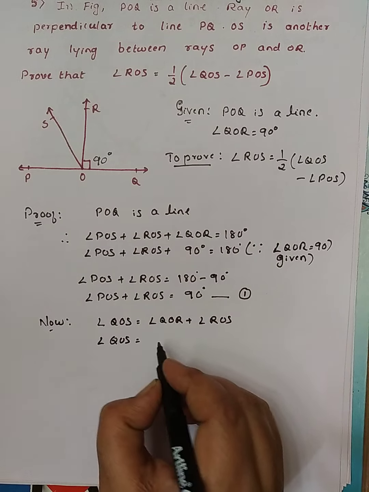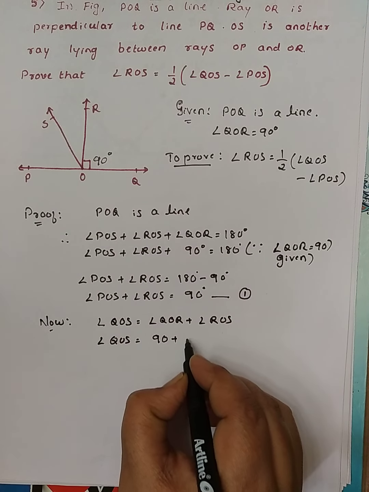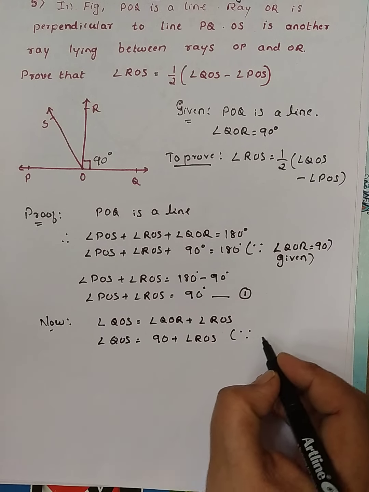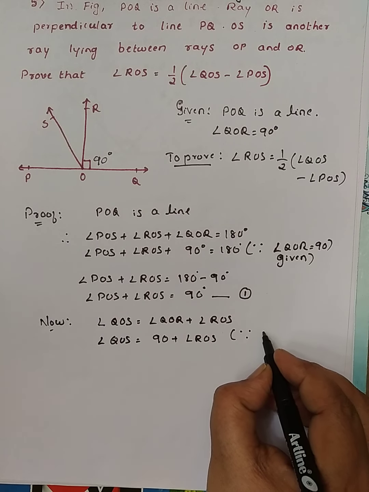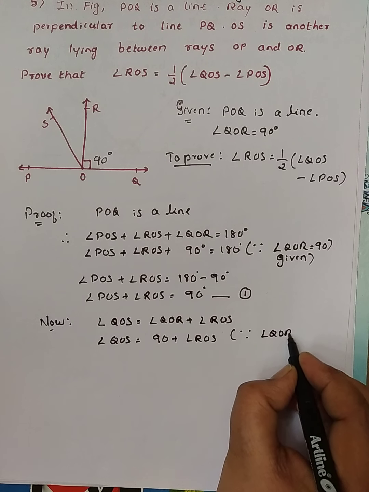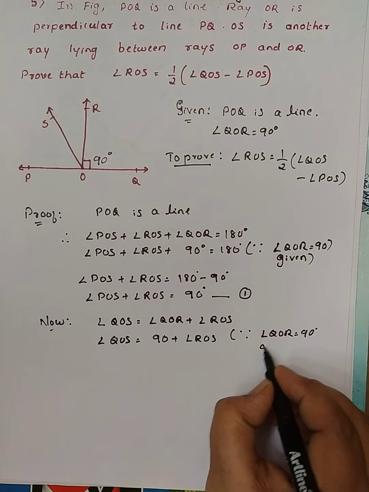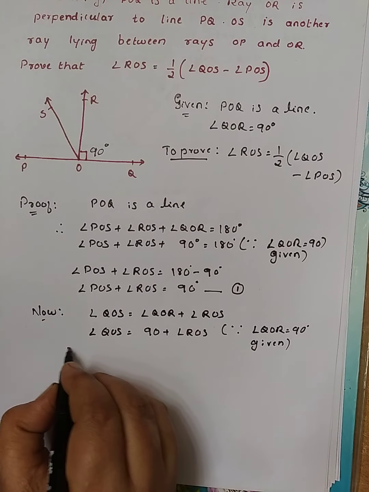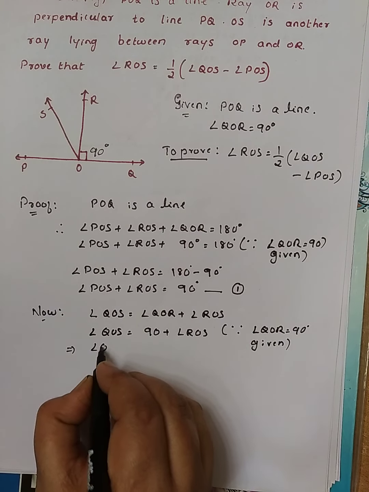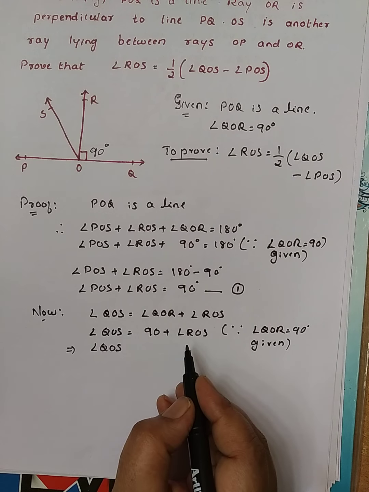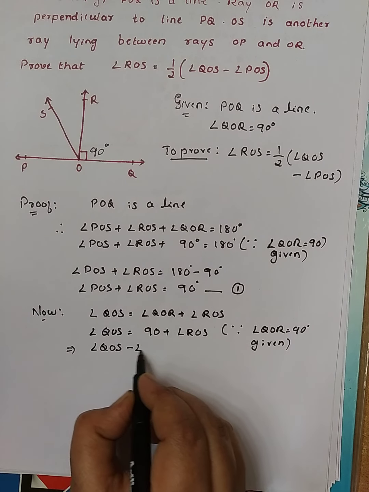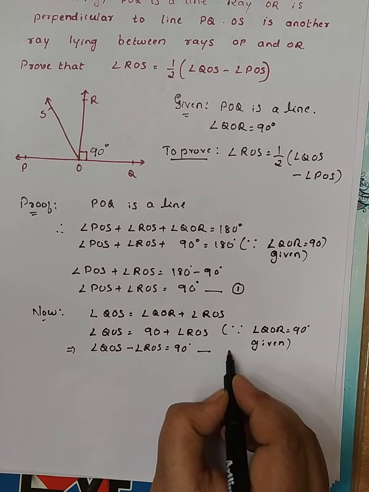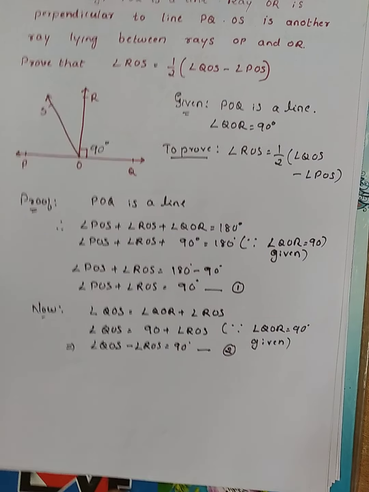QOR is 90 degrees. Write 90 degrees plus angle ROS. We write the reason in the bracket, because angle QOR equals 90 degrees, by given data. Now bring this ROS to the LHS: angle QOS minus angle ROS equals 90 degrees. This is equation number 2.